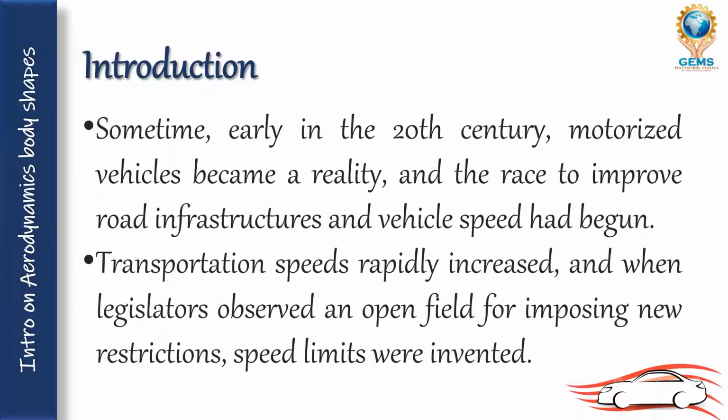When the speed increased, the vehicle had to go faster, but it could not. Why? Because in previous days the front bonnet of the vehicle was very flat. If you see the front bonnet, it looks like this. This is the vehicle of previous days.